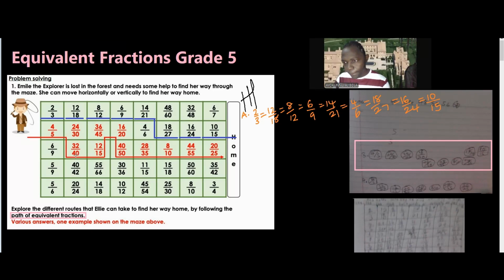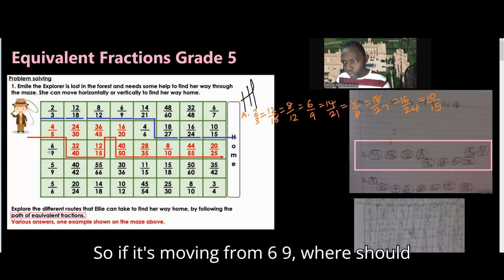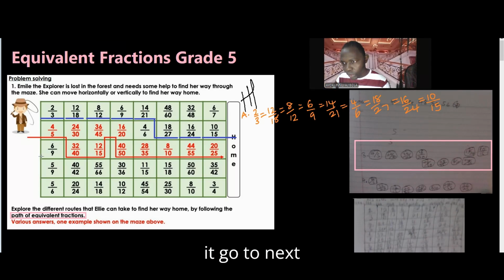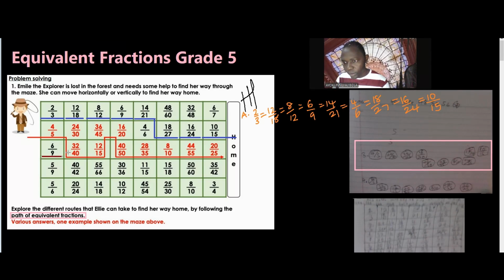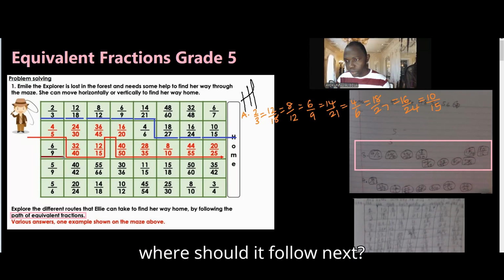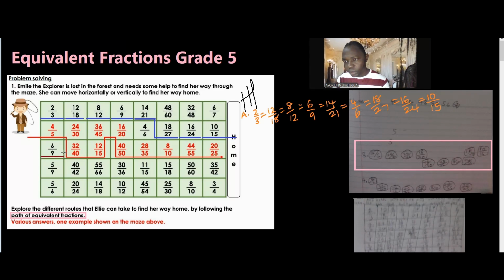6 over 9. So if it's moving from 6 over 9, where should it go next?